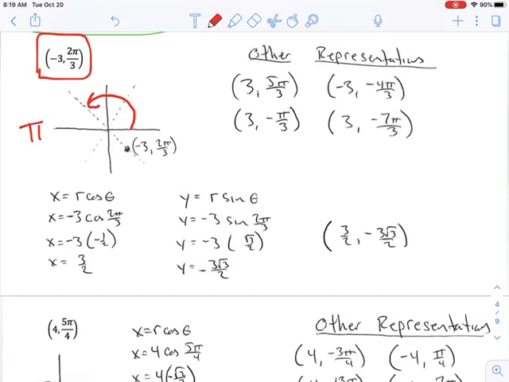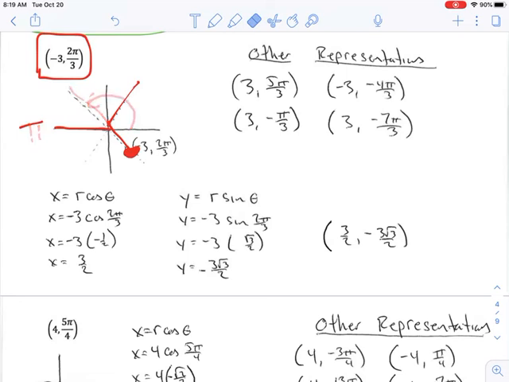So it's going to be 2/3 of the way there. This would be 1/3 of the way there, 2/3 of the way there, 3/3 of the way there. And so we're at 2 pi over 3, but we have a negative radius, which means we're going in the opposite direction.